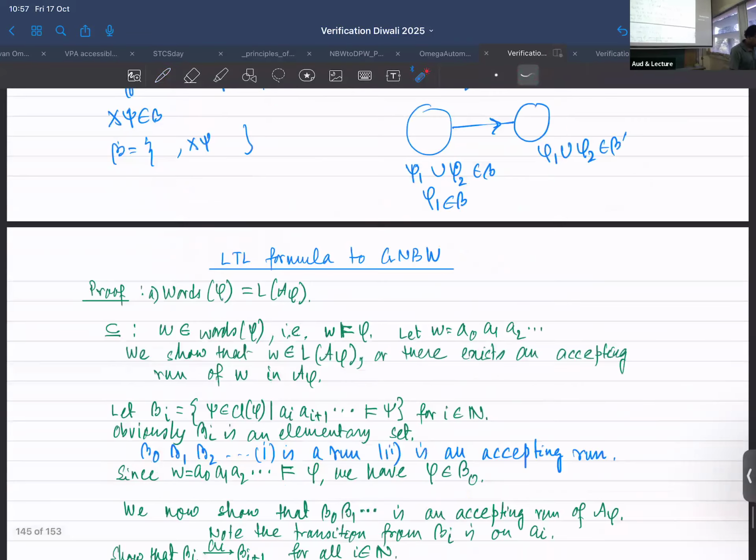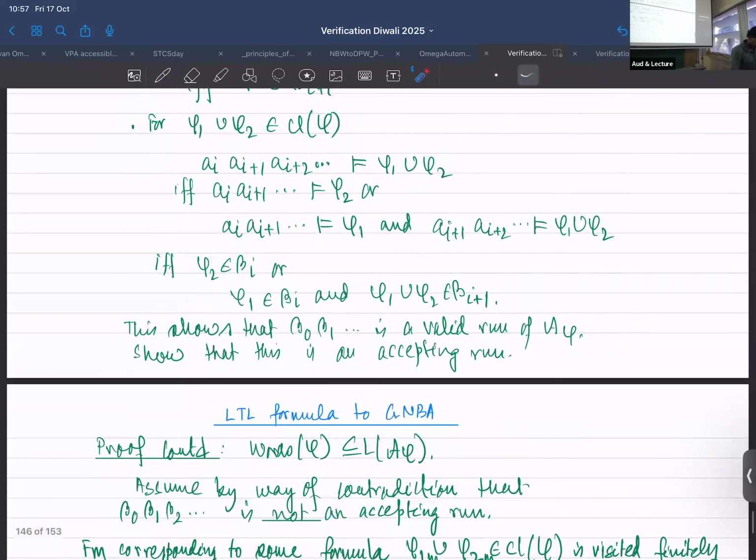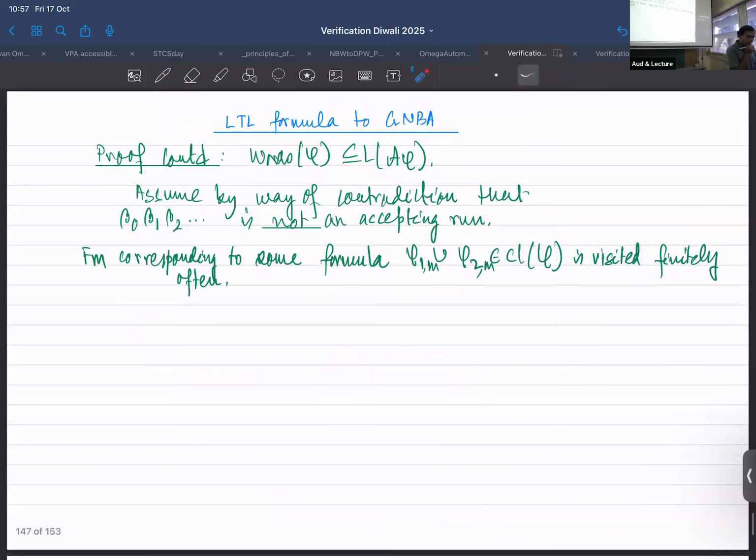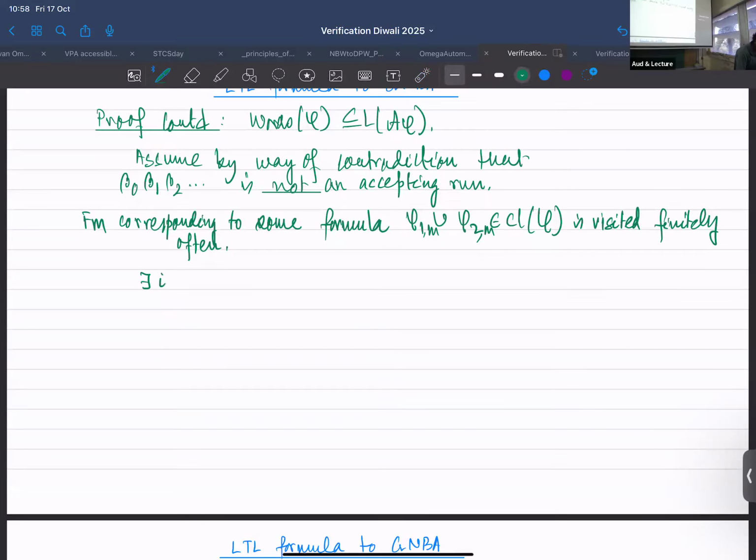So now if I say that it is visited finitely often. So what does it mean to say that it is visited finitely often? You are not going to see the good states. So if it is seen only finitely often, that means there exists some k after which you stop seeing states from FM.